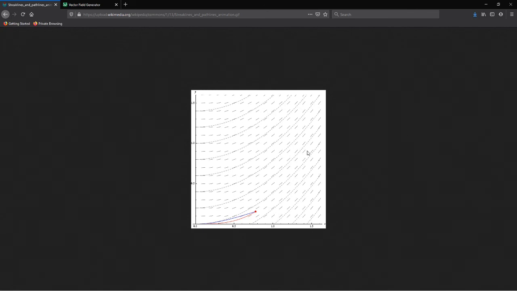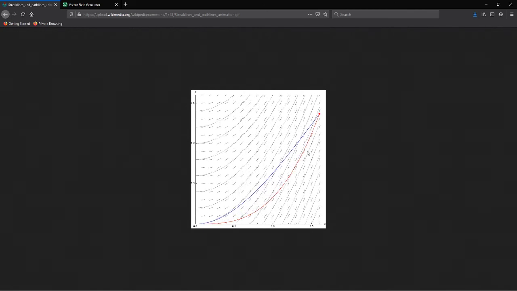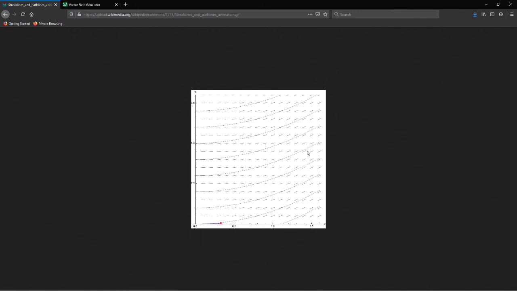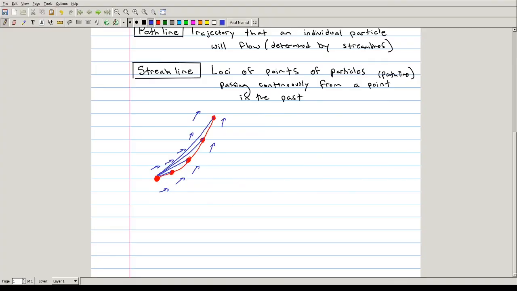But these are the main three types of curves that we use to visualize the flow of a given vector field. There are other types of curves or lines that are important in understanding the behavior of a given vector field in different ways.